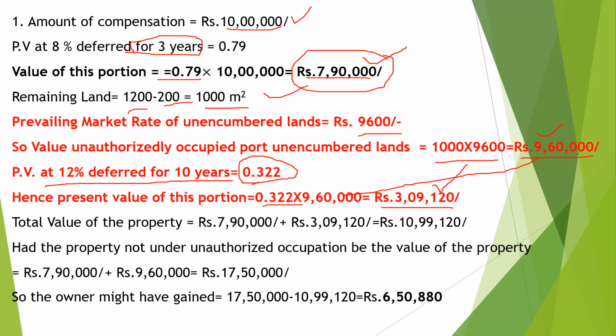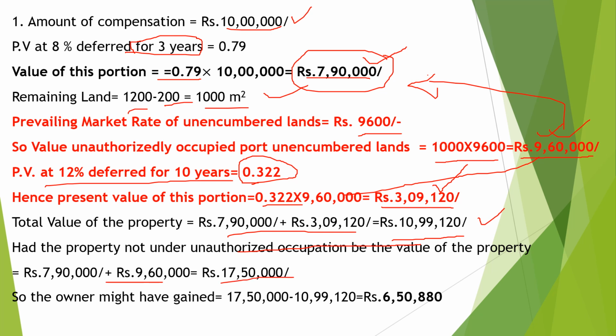So the total value of the property will be adding both of them, so it will be 10,99,120. Had the property not been under unauthorized occupation, he would immediately receive an amount of 9,60,000 and another amount of 7,90,000. So the total value will be 17,50,000.